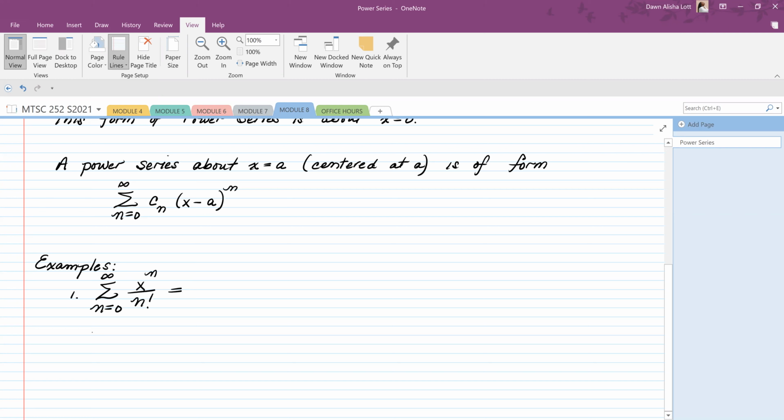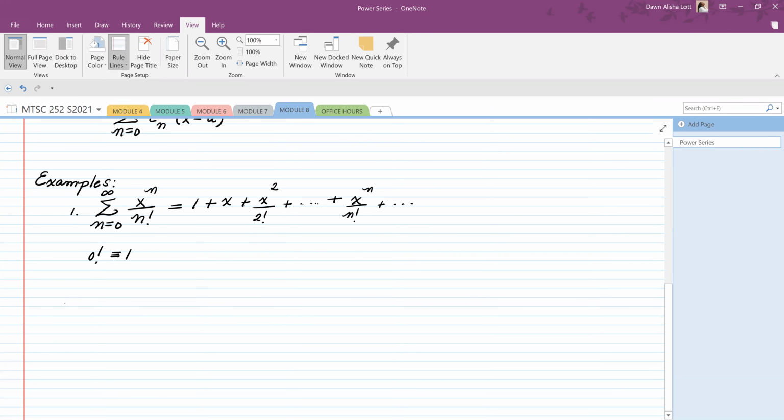Well, here 0 factorial, as I told you before, has to be defined to be 1. So this is going to be 1 plus x to the first over 1 factorial plus x squared over 2 factorial plus all the way up to x to the n over n factorial plus dot, dot, dot. And this is a power series. Again, this one is about x equal to 0.